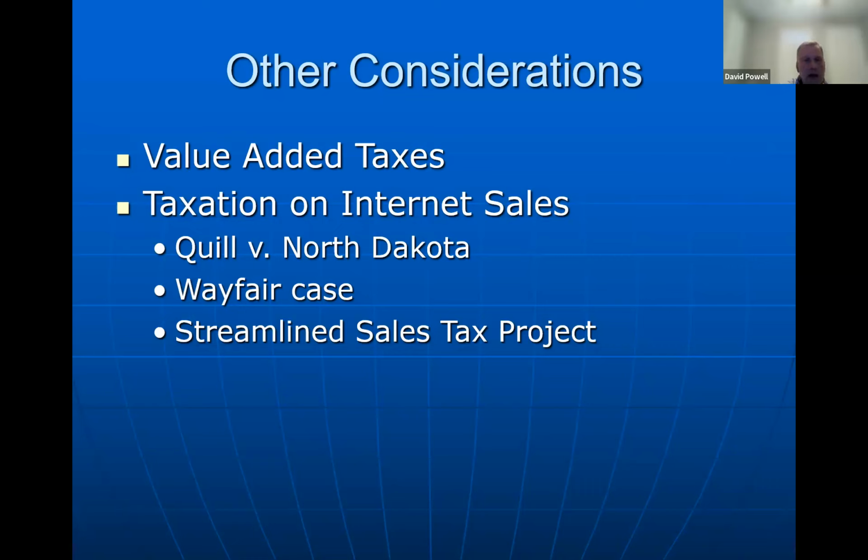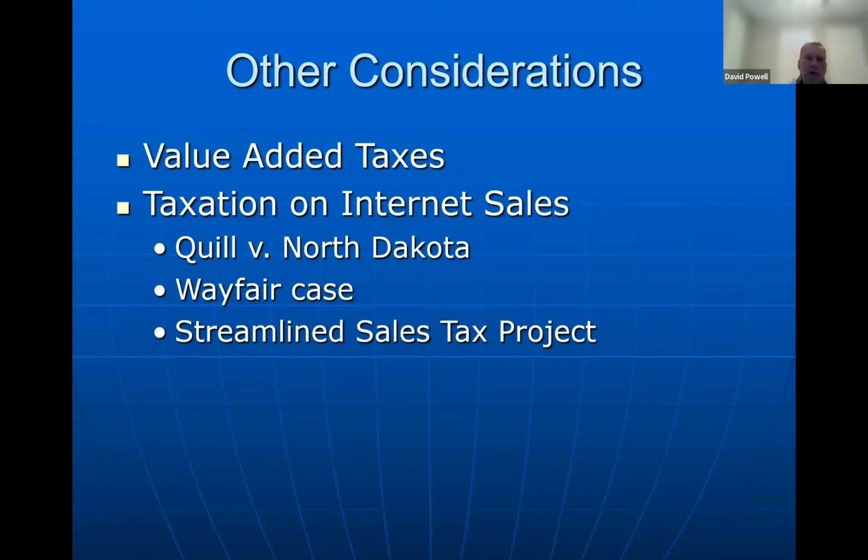Now, this value-added tax is something that is used in a lot of European economies, but we do not currently use it in this current manifestation here in the United States. But the idea behind the value-added tax is that at each point in the production process, when the value of that good increases, you then apply a tax rate to the value of that product at that point in the production process.